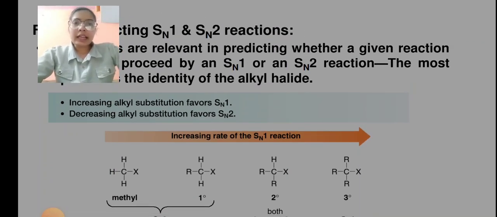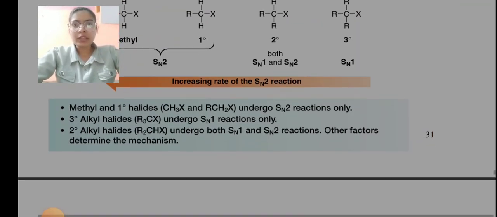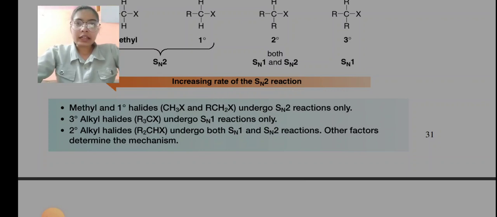Increasing alkyl substitution favors SN1. Decreasing alkyl substitution favors SN2. Methyl and 1 degree alkyl halides undergo SN2 reactions easily. 3 degree alkyl halides undergo SN1 reactions only. 2 degree alkyl halides undergo both SN1 and SN2 reactions. Other factors determine the mechanism.